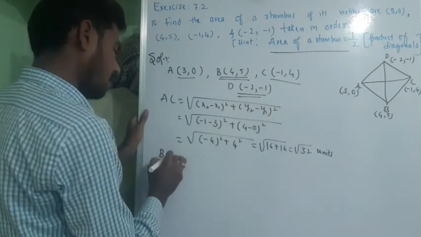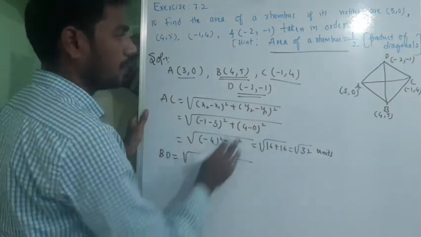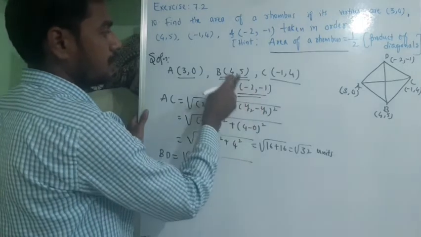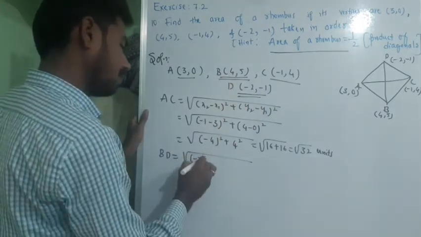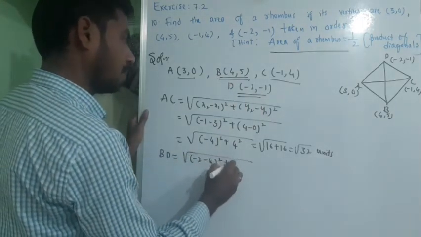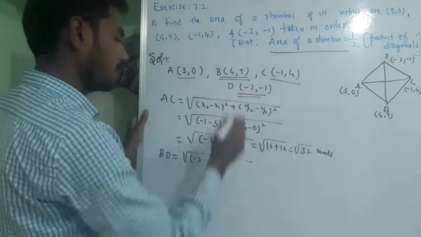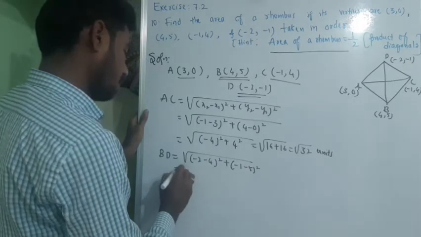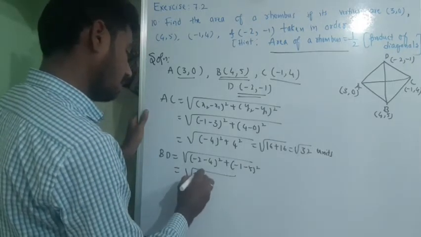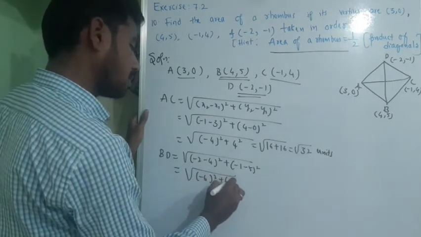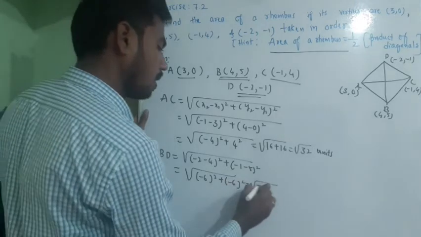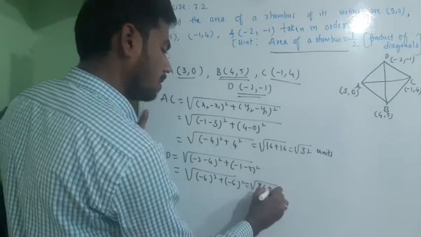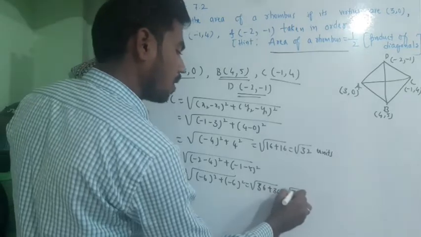BD is equal to square root of minus 2 minus 4 whole square plus minus 1 minus 5 whole square. Minus 2 minus 4 is minus 6 square plus minus 6 square, which is equal to 36 plus 36, which is root of 72.